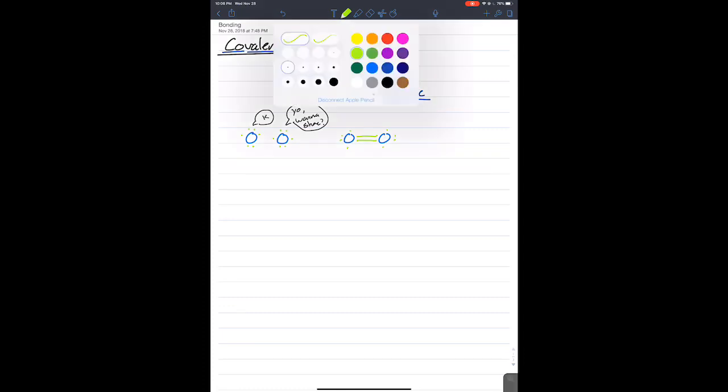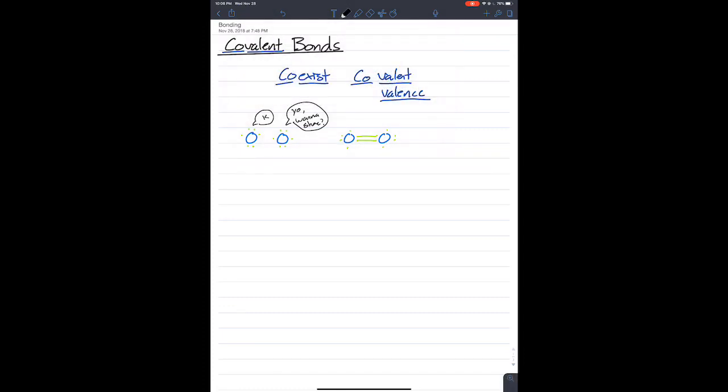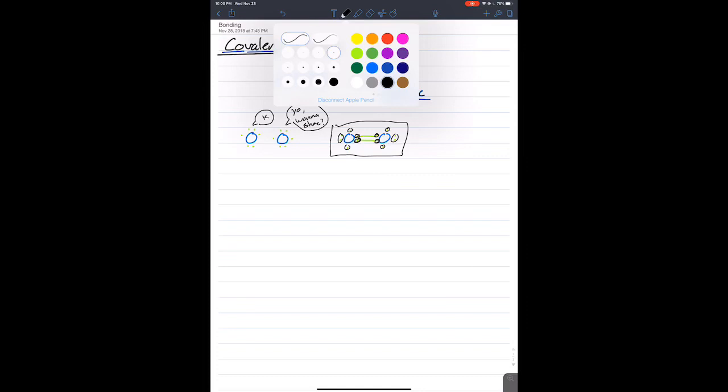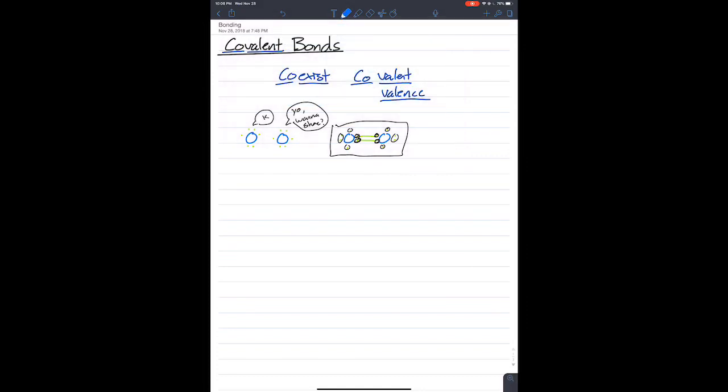So now this oxygen over here is like, okay, so I got my 1, 2, 3, 4, 5, 6 electrons. Now I kind of have 7, 8 electrons. I'm happy with that. And this oxygen is like, well, I got 1, 2, 3, 4, and then my 5, 6, and I kind of have 7, 8, and I'm happy with that too. So now they both together kind of have 8 electrons. By sharing their valences, they've come to a point where they basically have 8 electrons.